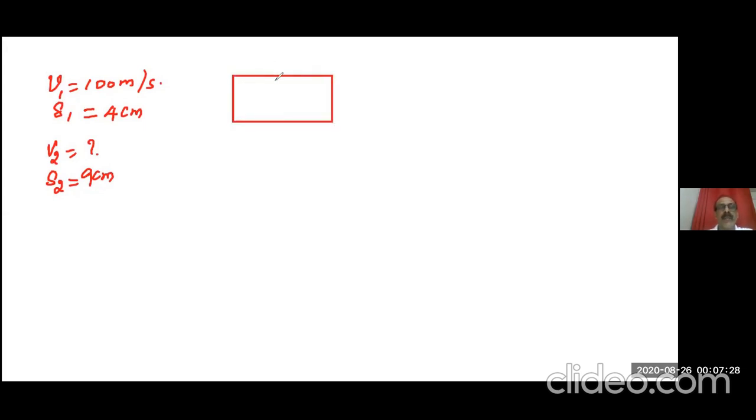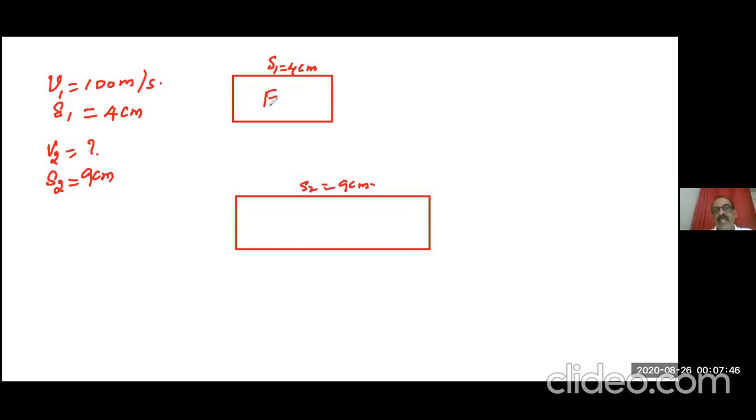So here S1 is 4 centimeter. There is another plank S2, this is 9 centimeter. Same material, so force is same here, right? F into S1, F into S2. If the density of the material is same, the force which is opposed will be same.